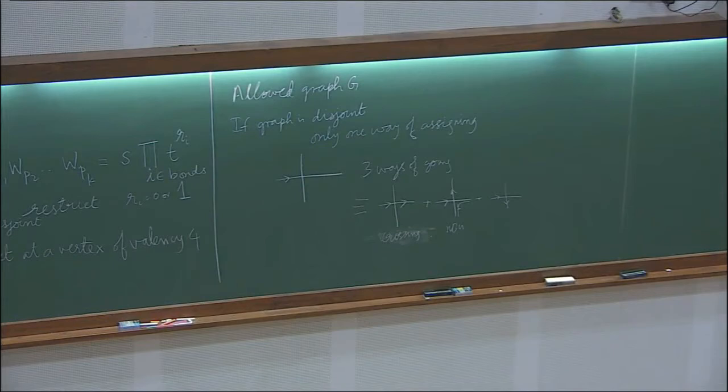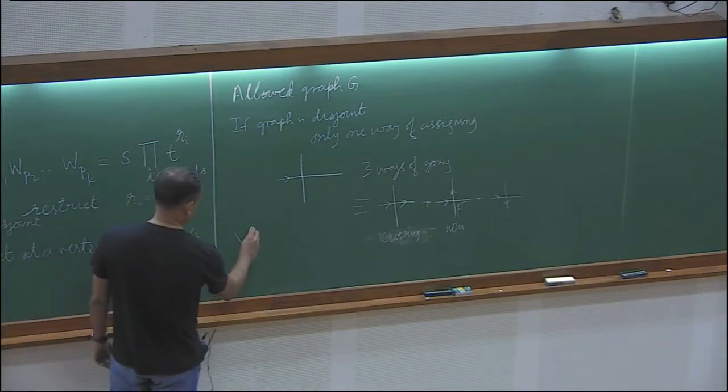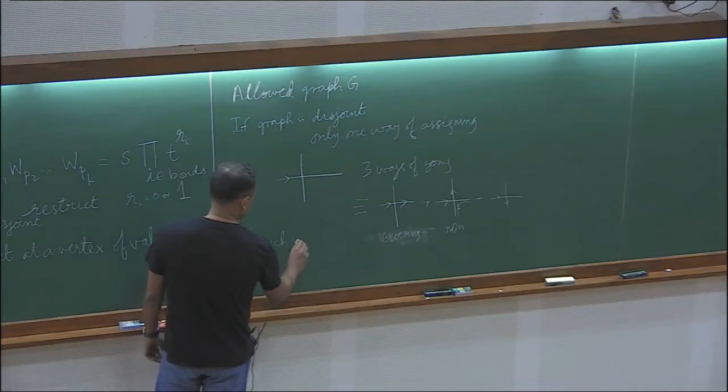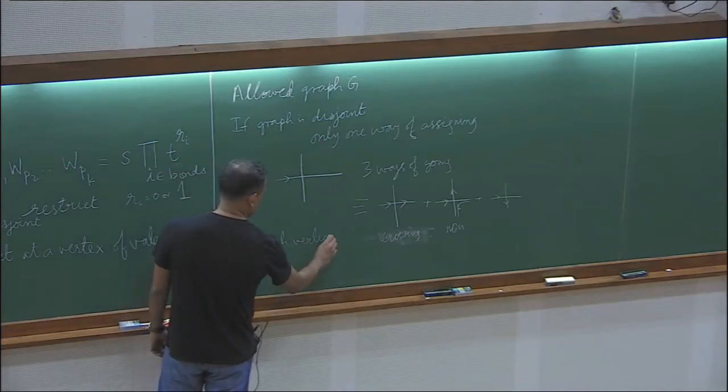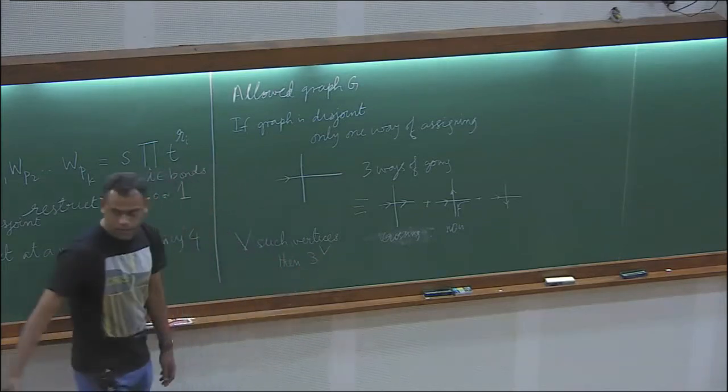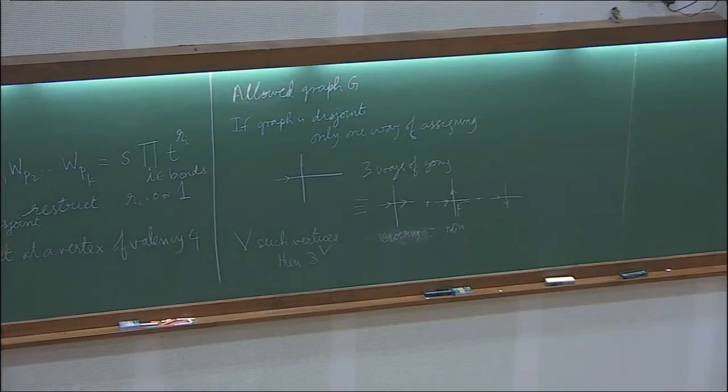So if there are V such vertices, then there are 3 to the power v ways of assigning the arrows. So for each graph, there will be 3 to the power v ways of assigning the arrows once you have the vertex of type valency 4.